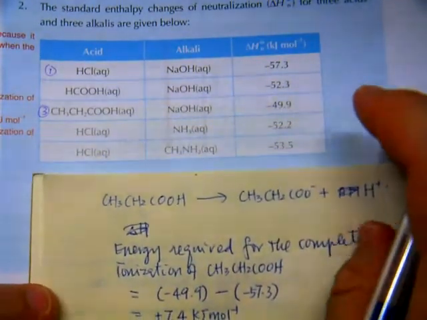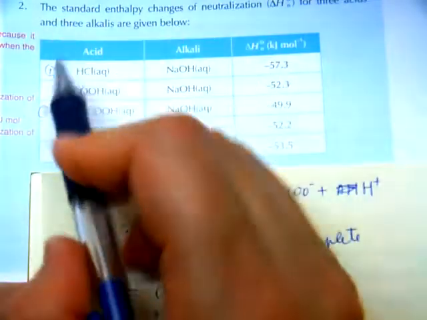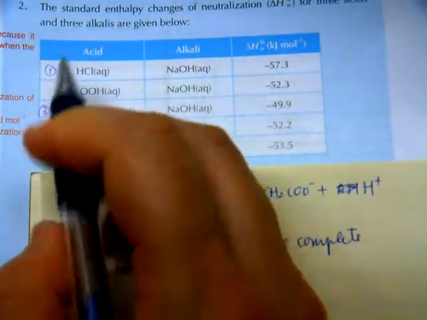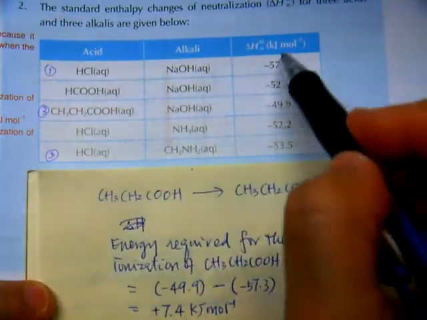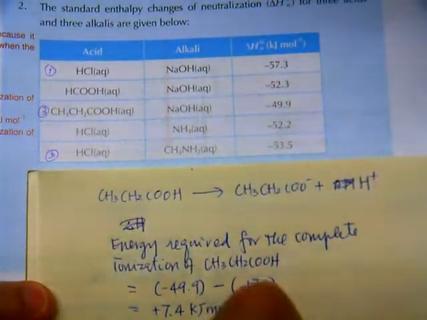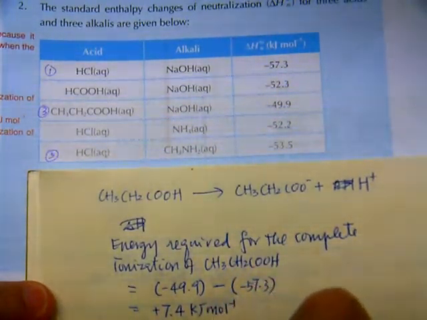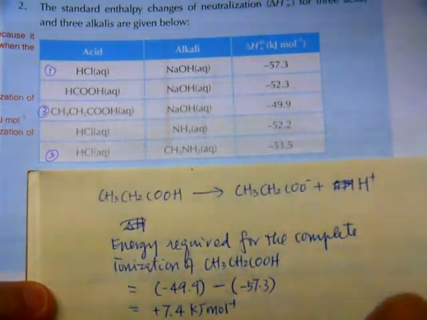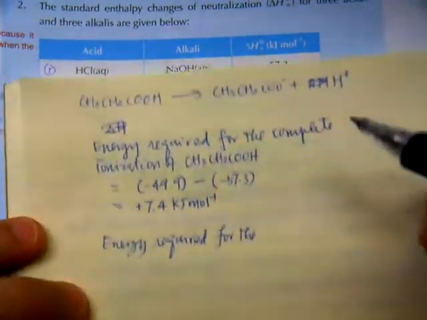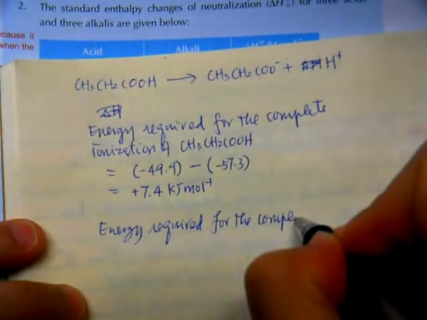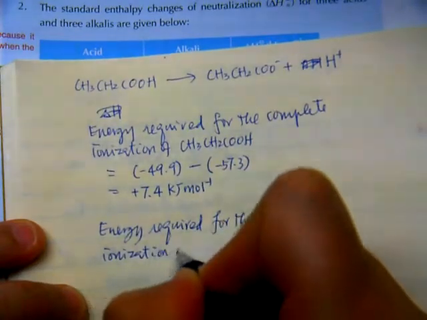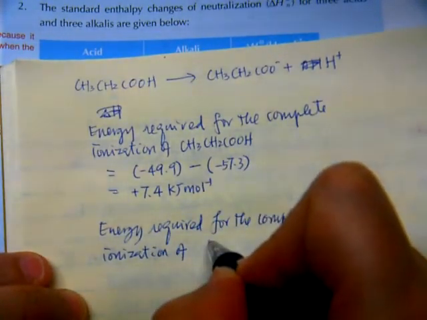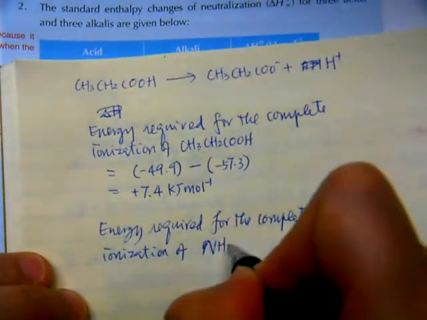Next, compare again the first number with the fifth number. By comparing these two numbers, we can work out the energy required for the complete ionization of ammonia.